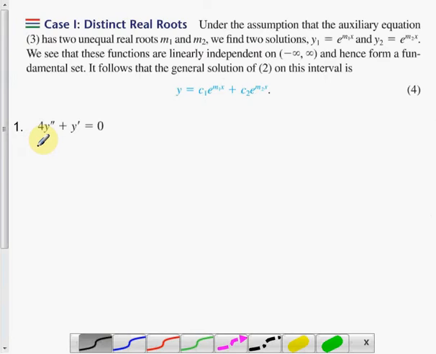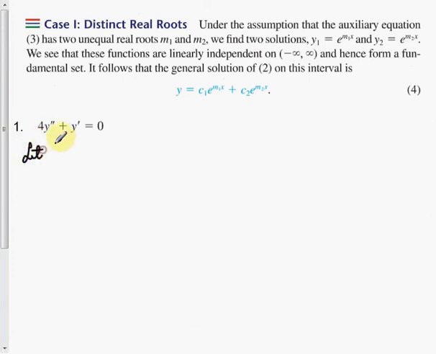But I'll just take this right from ground zero. So let y be the solution, where y is set equal to e to the mx.